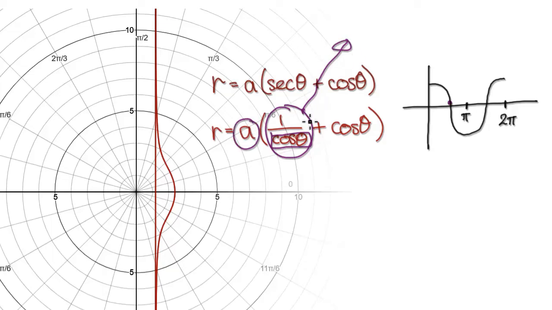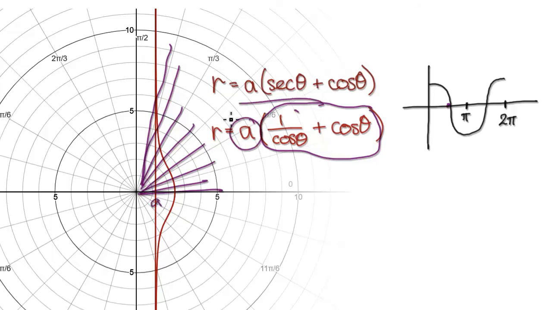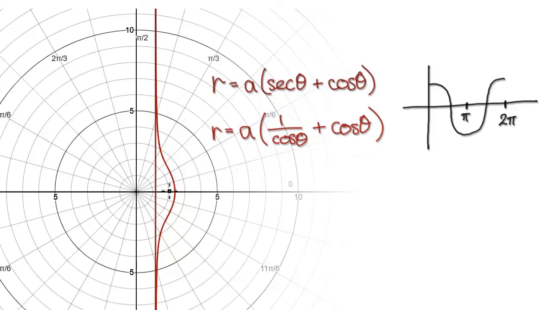You then multiply by our constant A, so the whole thing would be very, very big. That's why just before it gets to 90 degrees your radius is very, very big. That's why it's really far away.